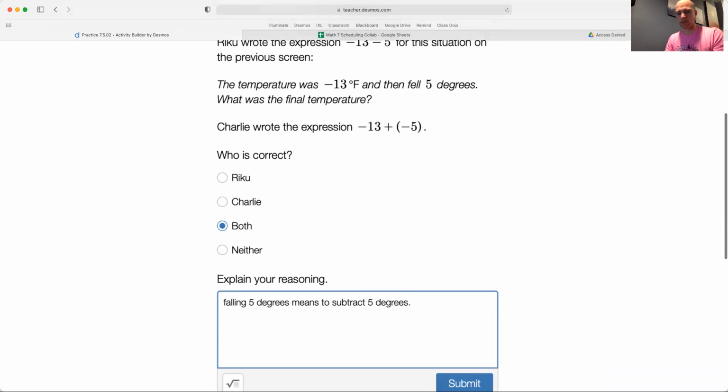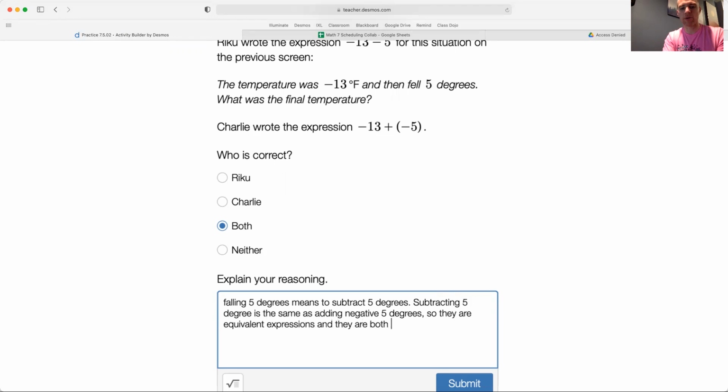But then subtracting 5 degrees is the same as adding negative 5 degrees, right? That's Charlie's expression. So they are equivalent expressions and they are both correct.